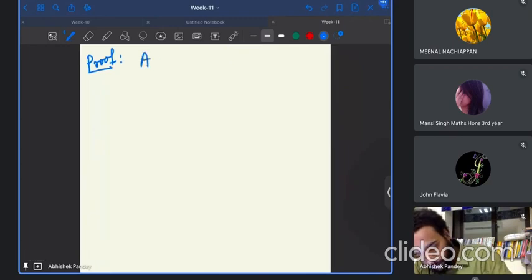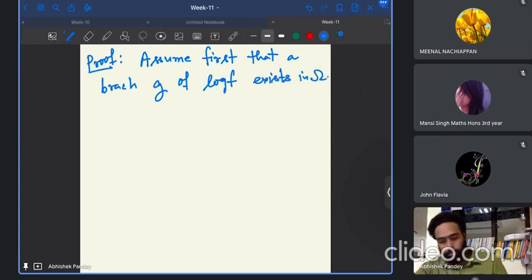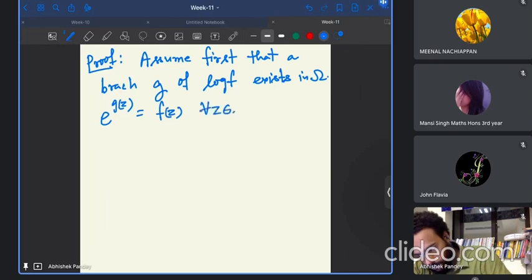So assume first that a branch g of log of f exists in omega. Okay, so what does it mean? It means that e to the power g(z) is f(z) for all z belonging to omega.